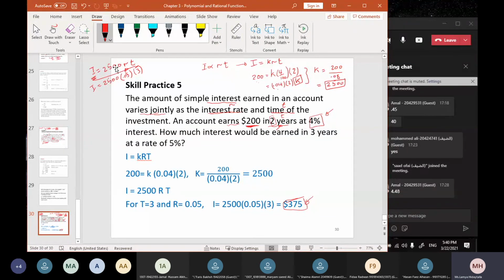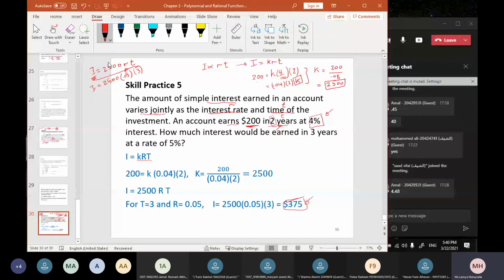That means if you put your amount of money in the bank for 2 years with this rate, after these 2 years your amount will be increased by this 200.